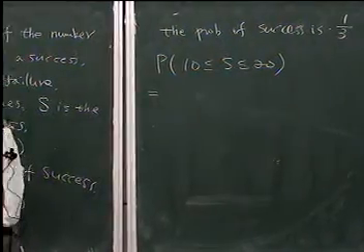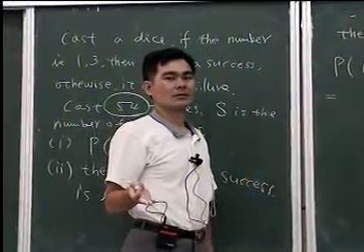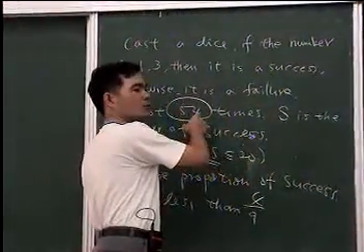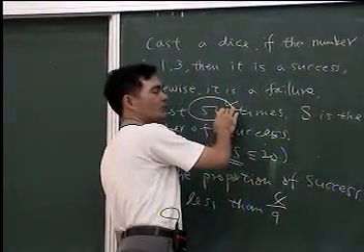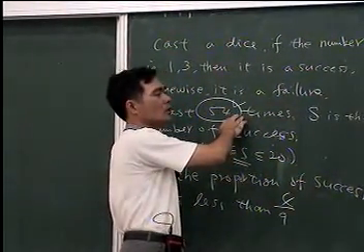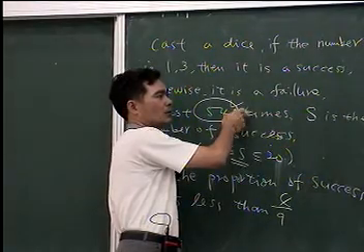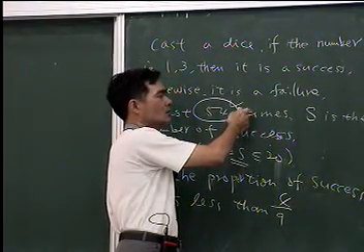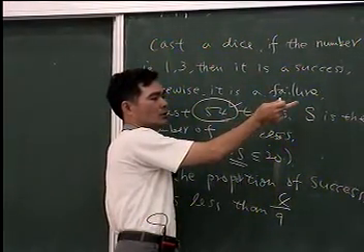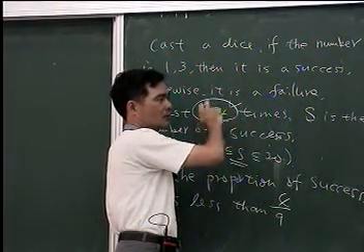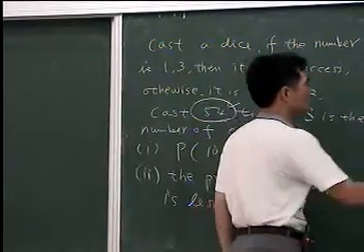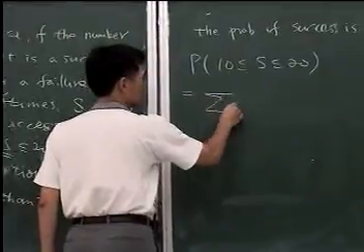First we need to know the number of experiments is 54. We have 54 experiments. So we will choose 54, and from these 54, 10 to 20 will be successes. So this will be a summation sign.